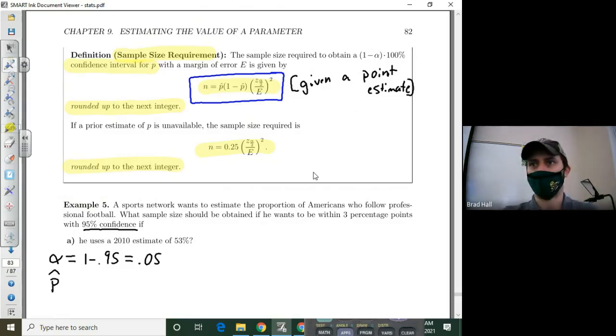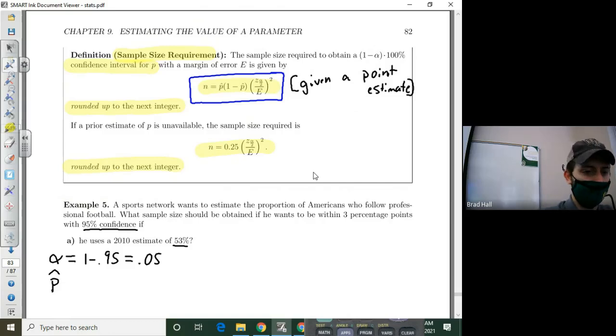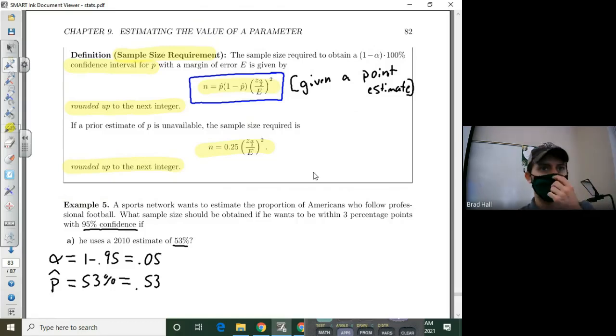They don't give us X or N, but they actually give us the ratio already. They tell us 53% of people watch football from this estimate, which is really 0.53. So basically they did the division for us. Instead of telling us that 53 out of 100 people watch football, they're just telling us the quotient itself. They just skipped a step for us.